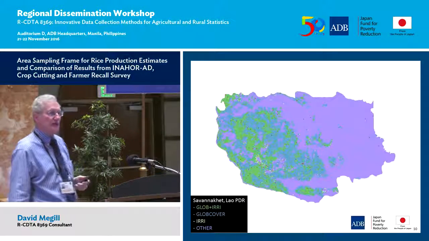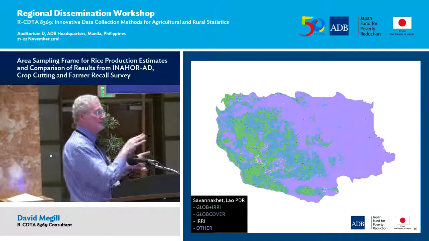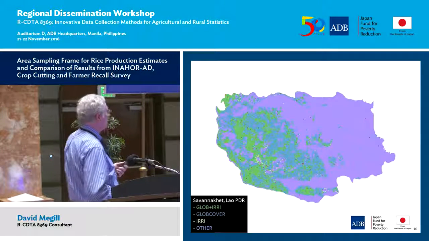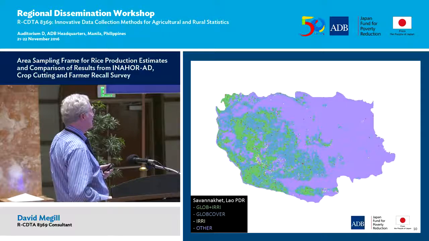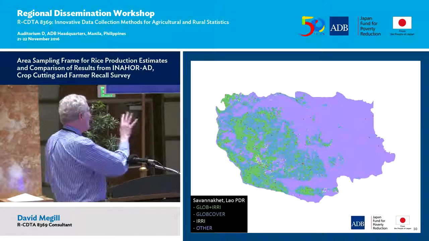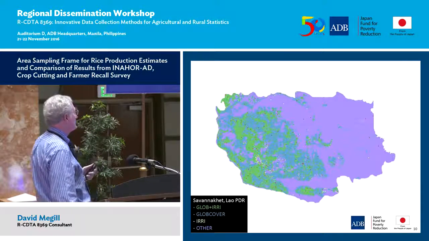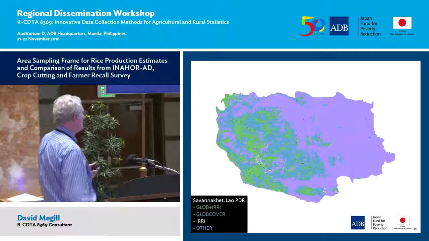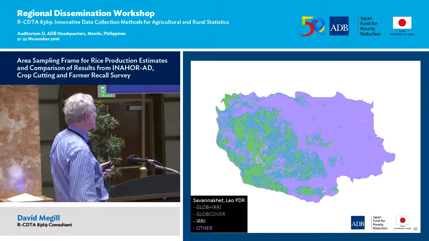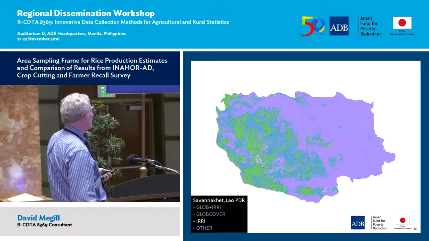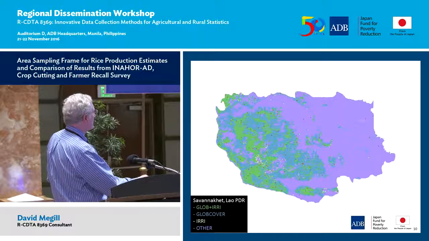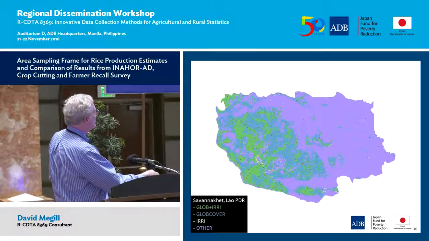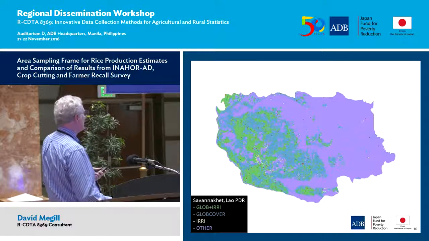Okay, now this is very interesting. After the process of overlaying the satellite images and stratifying the data, we have here maps of the strata for each of the 4 provinces. So remember when we talked about Savannakhet in Lao PDR, most of the area was covered in other. So you see all of the purple here covers most of the province.